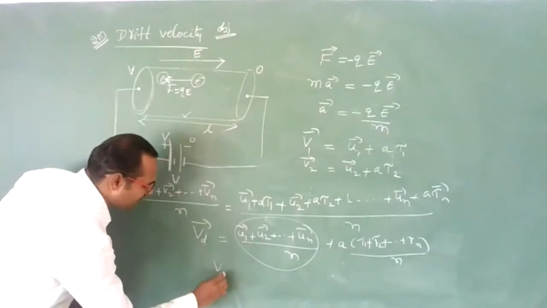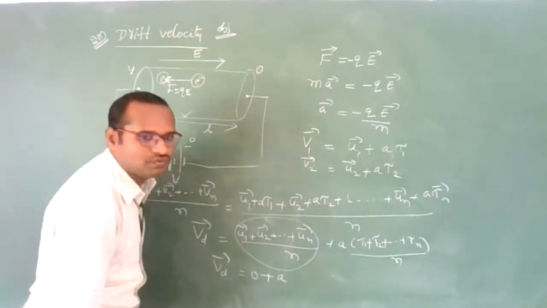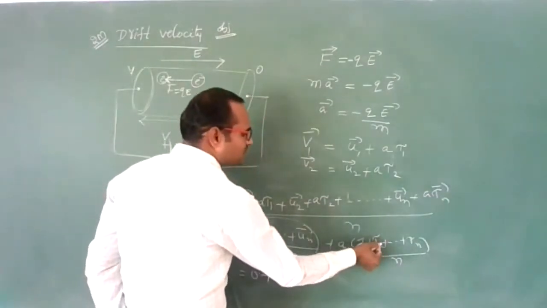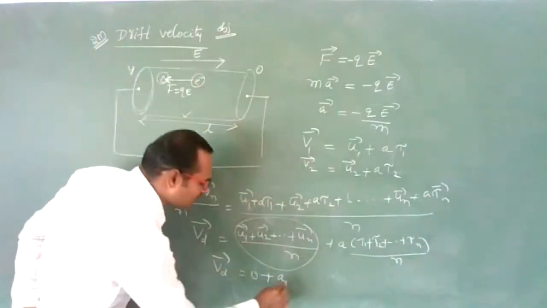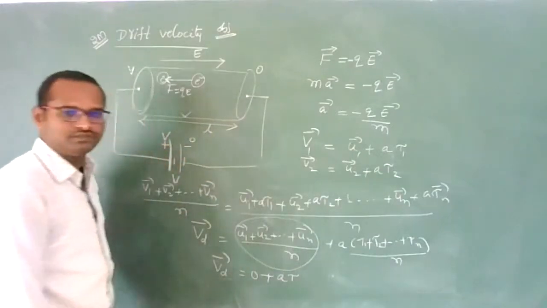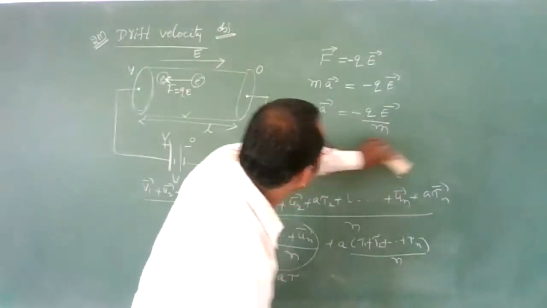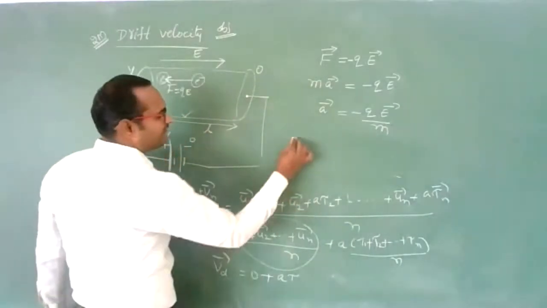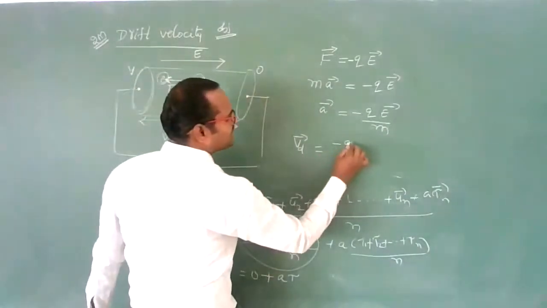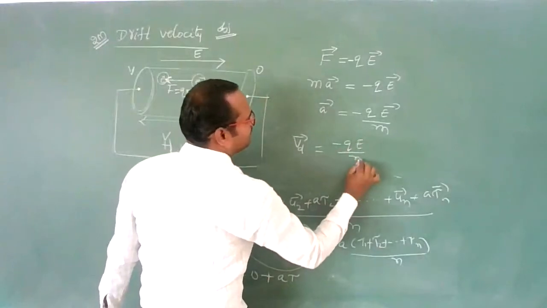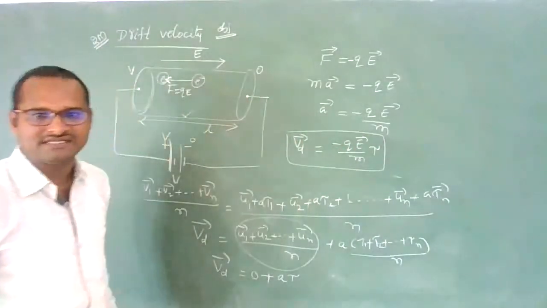So drift velocity is 0 plus acceleration into (tau1 + tau2 + tau3 + and so on + tau n) divided by n, which is nothing but the average relaxation time, which I'll call tau. But what is a? a is nothing but this one. So drift velocity is a times tau, where a is minus eE by m. So Vd = minus eE tau by m. Yes, this is the drift velocity formula.